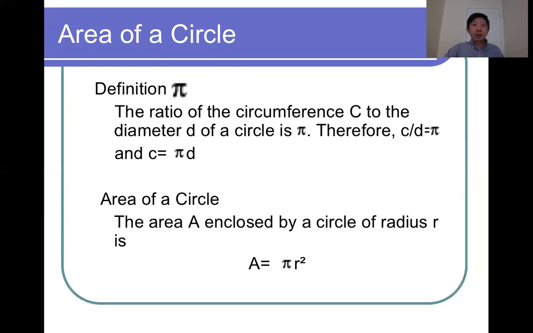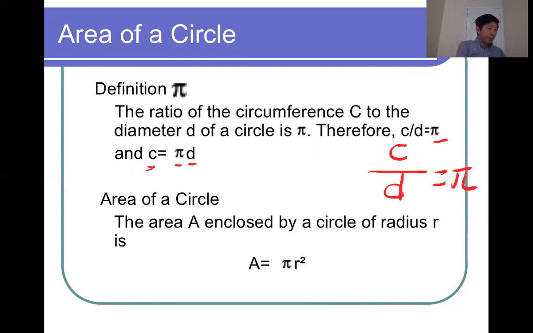And if I would like to find circumference, circumference equals pi times the diameter. And if you would like to find out what pi is, you take the circumference and divide it by the diameter, which is equal pi.